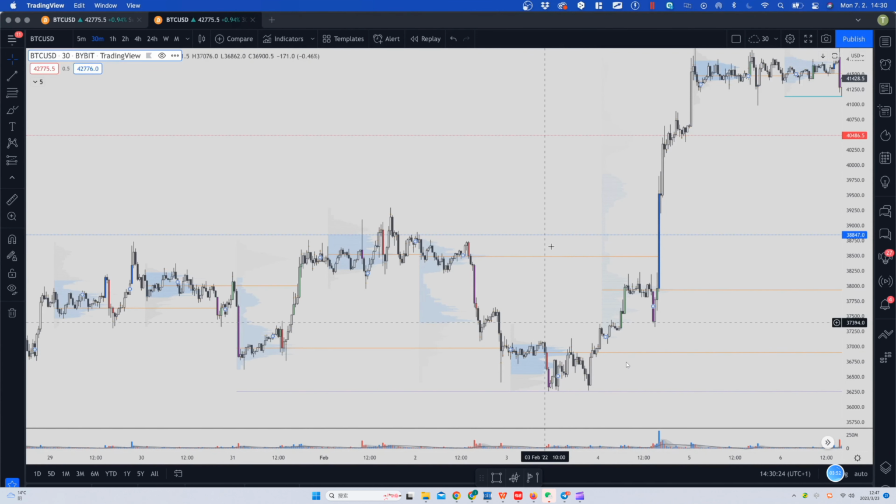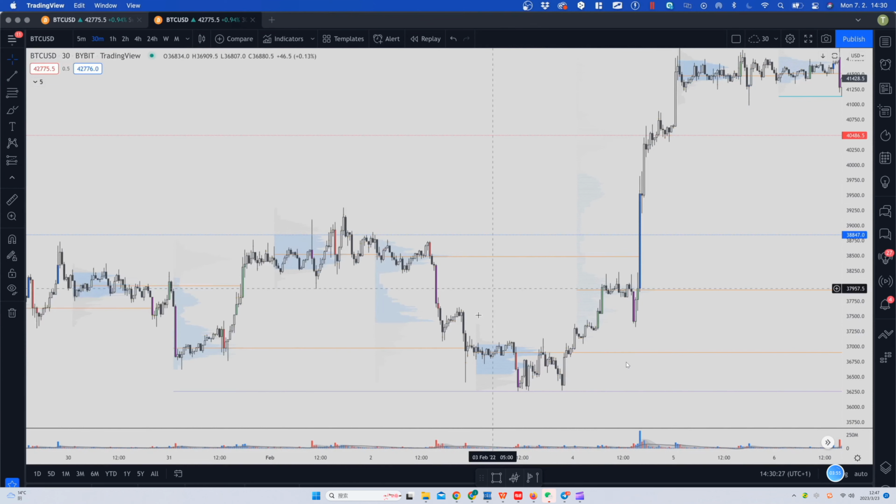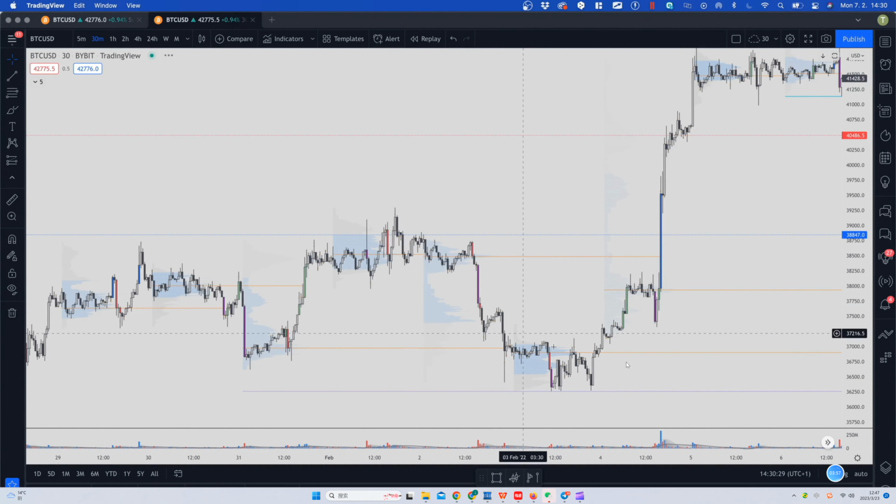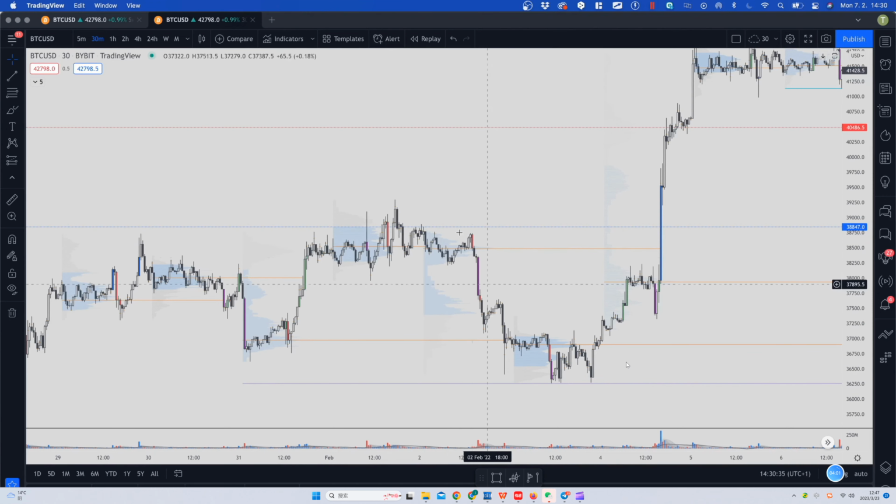So this seems on a 30-minute chart like a no-brainer trade.